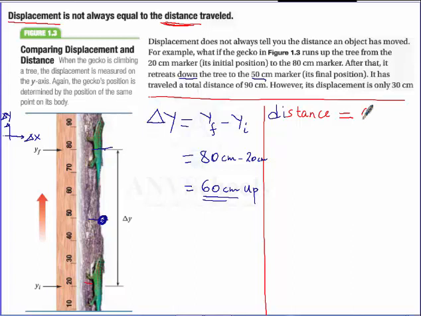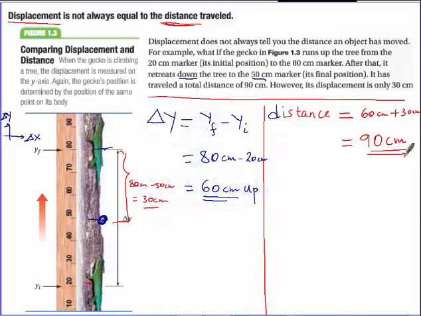That is 60 centimeters up, plus when it retreats back from 80 centimeters to 50 centimeters, it will be 30 centimeters. So vertically upward it has traveled 60 centimeters, and retreating back 30 centimeters. Totally, the total distance traveled by the Joko is 90 centimeters.